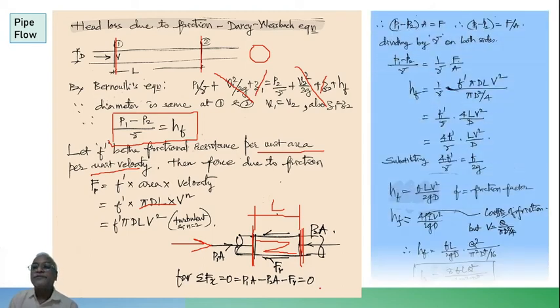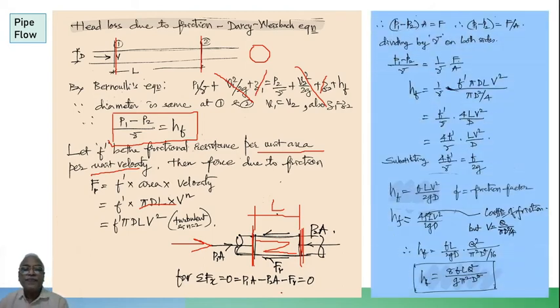Okay, further we'll see the same equation is written slightly in a changed form. P1 minus P2 into A is equal to Fr, or frictional force, or P1 minus P2 is equal to F by A, frictional force divided by cross sectional area.